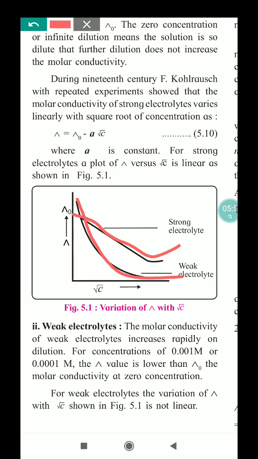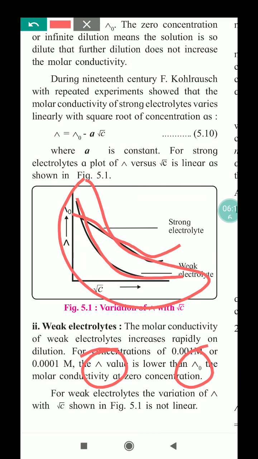Lambda 0 is the molar conductivity at 0 concentration, and this is the molar conductivity at a given concentration. For weak electrolyte, the variation of lambda with square root of C is as shown below.